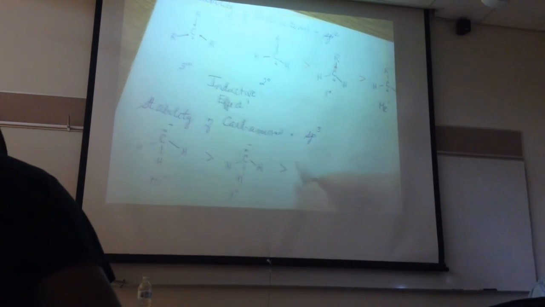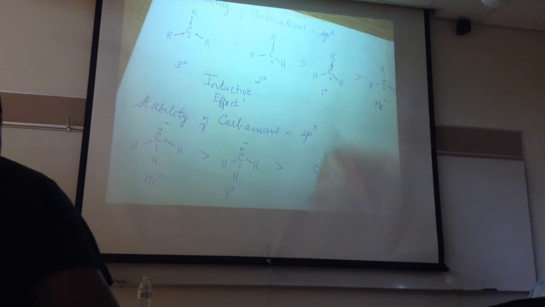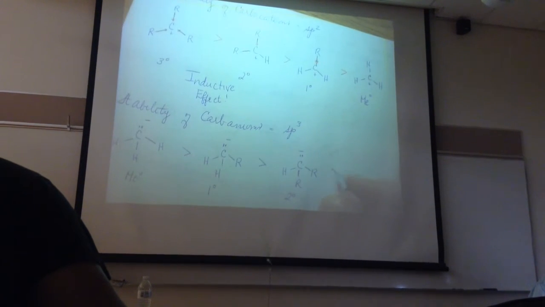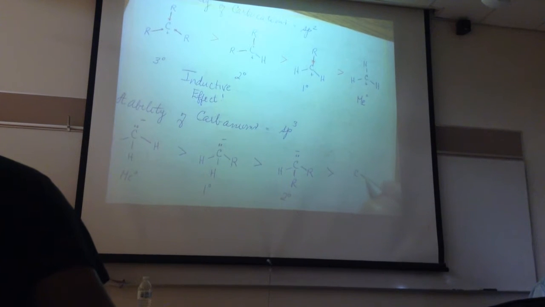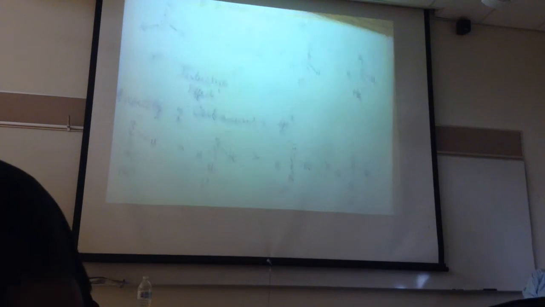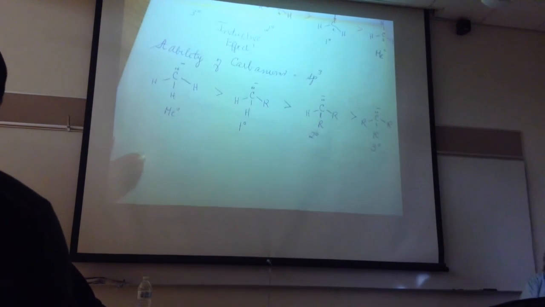Your primary is going to be more stable than your secondary. And this is going to be a lot more stable than the tertiaries. And everybody can see why, right?